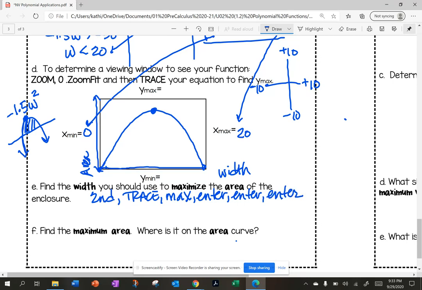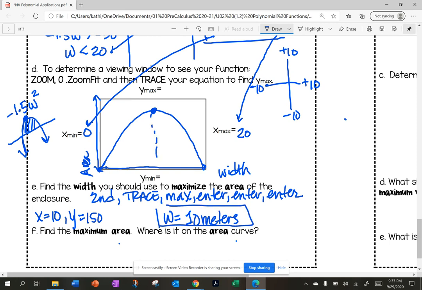Okay, when I do that, the coordinates I see are x equals 10 and y equals 150. So the width I want to use is 10 meters. So I know right here width is 10. And what's the maximum area?